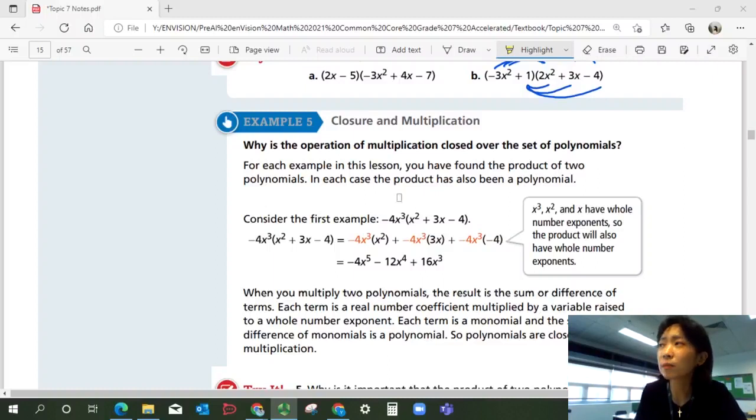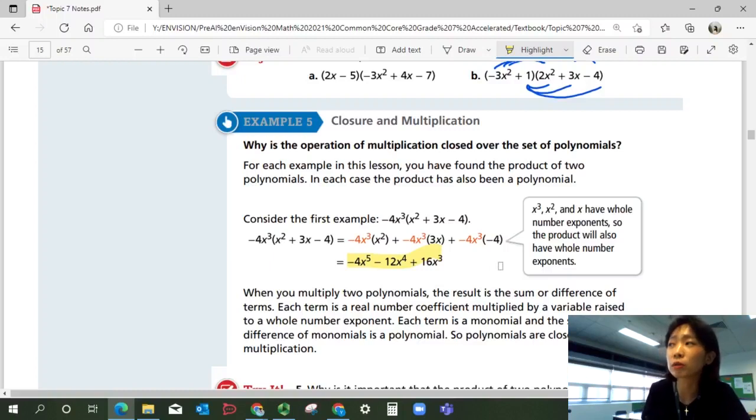So in each case, the product has also been a polynomial. You're going to look at another example. If you multiply this monomial by this trinomial, you get an answer that is also a polynomial. So when you multiply two polynomials, you can see that the sum or difference would be your terms, right? So each term is a real number coefficient multiplied by a variable raised to a whole number exponent.